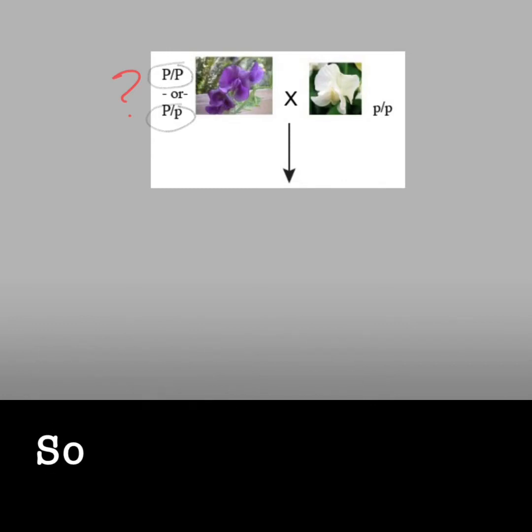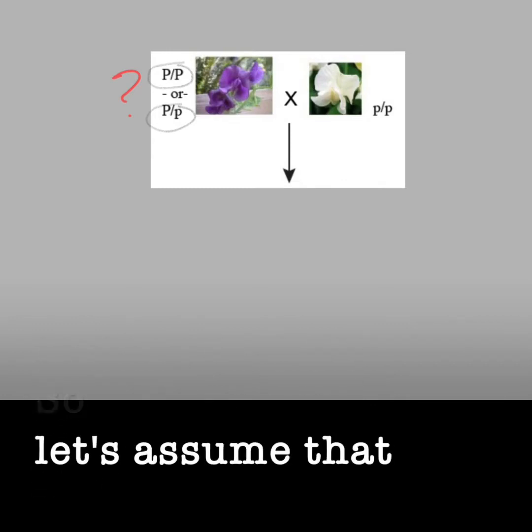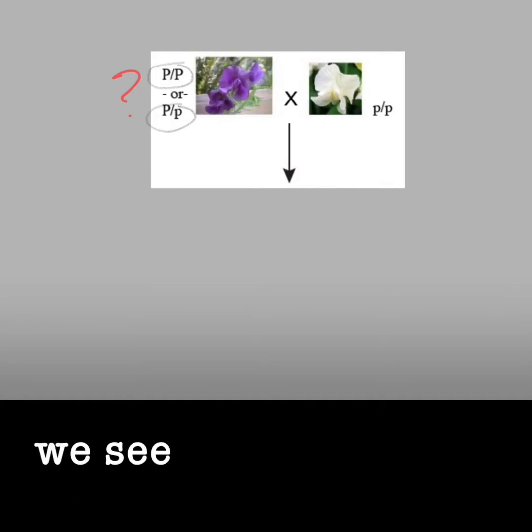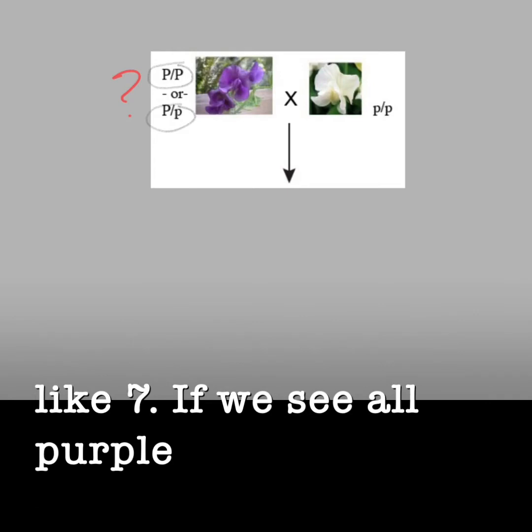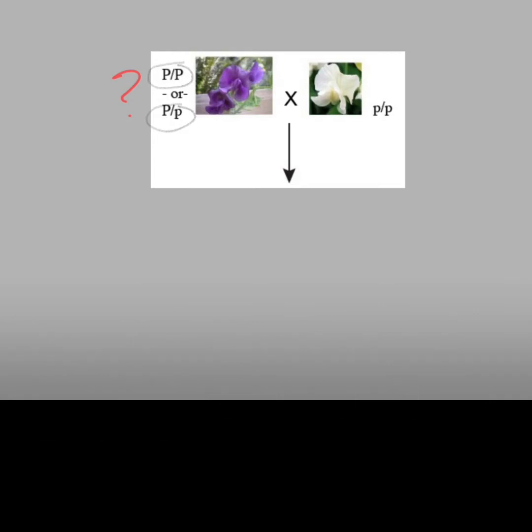So let's assume that we see some number of offspring, like 7. If we see all purple flowers, like so, and no white flowers, then what does that tell us about the possible genotype of the purple parent?